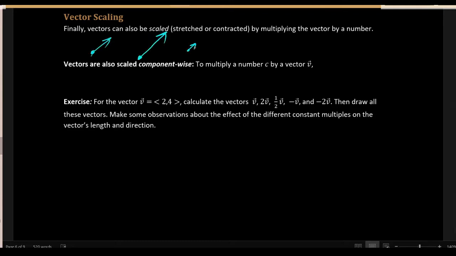Vectors can be scaled, stretched, or contracted by multiplying the vector by a number. And this is also done component-wise. So in other words, if you want to take a number c, no arrow, and multiply it by a vector v with an arrow, you can multiply the components of v one at a time.